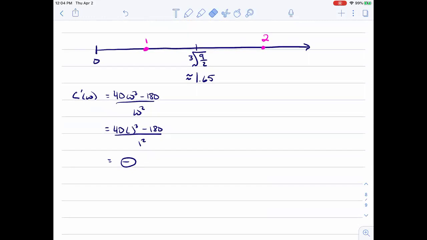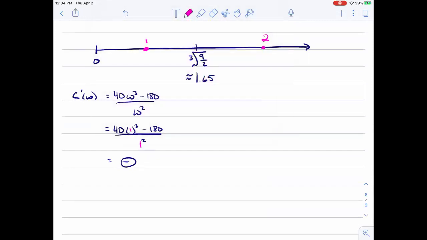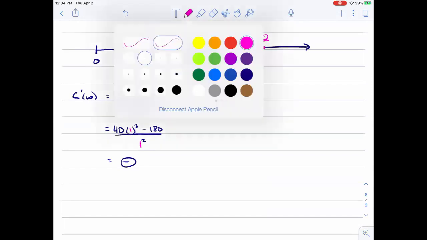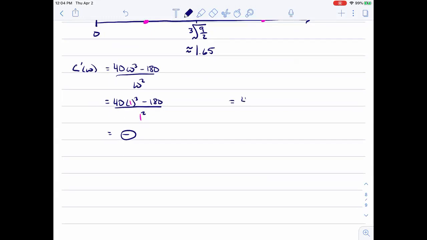In fact, I'll replace these ones with pink values because they could actually be any of those values. Same idea here, right? First derivative is going to be 40 times 2 to the power of 3, minus 180 over 2 squared.